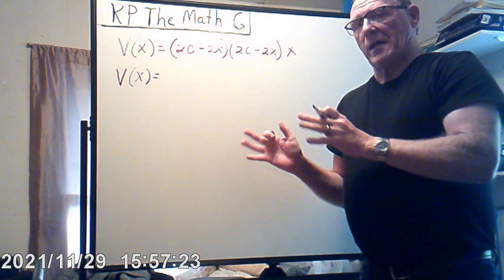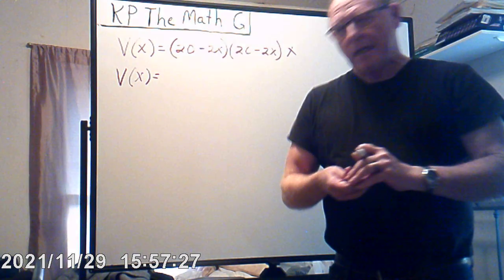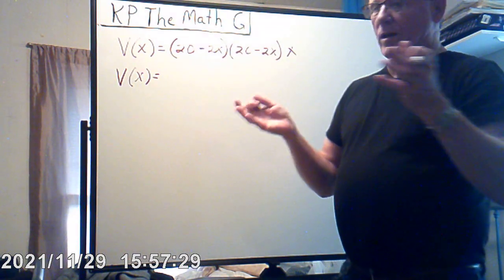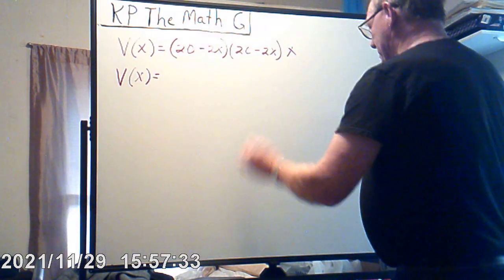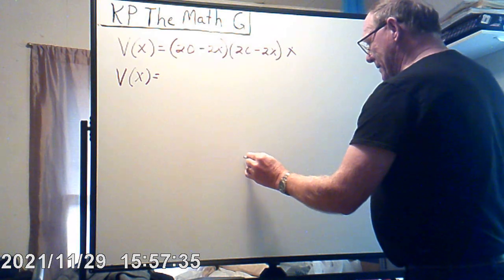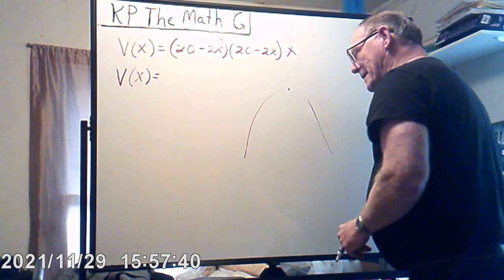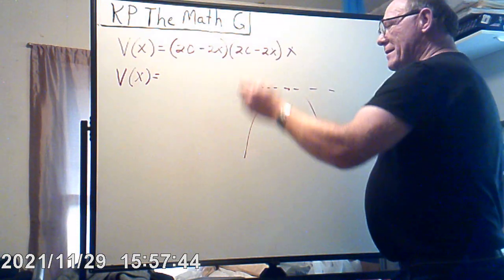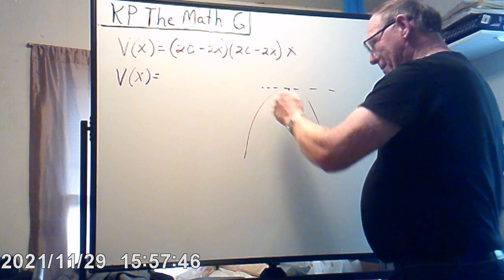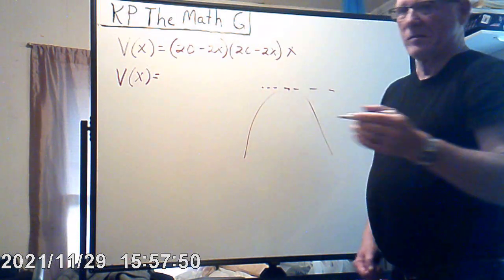Before we do this, why would we want to take v prime in the first place? You want to know why you want to do this. Well, if we're looking for a max, it's kind of like a curve here, and I want the maximum here. So that means that this slope, remember, the slope of the tangent line, must be equal to 0.